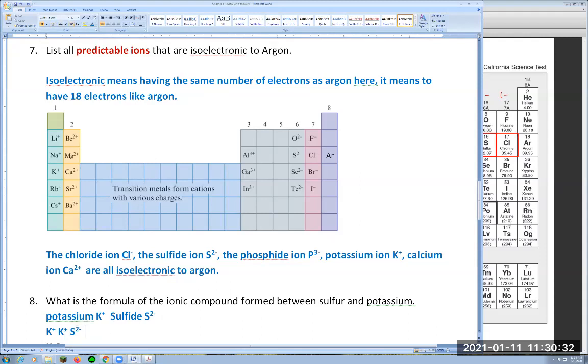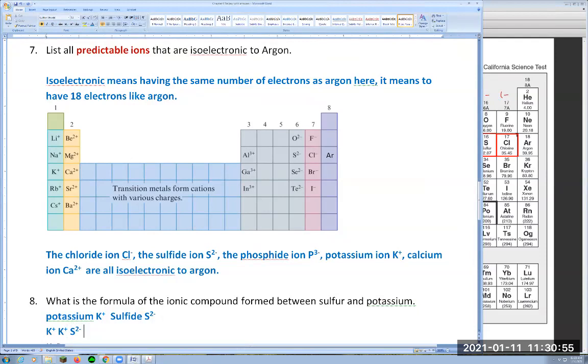Notice how the charges for the ions are written in the upper right corner. So we will need two potassium K plus for one sulfide ion, so that all charges are cancelled. The two positive charges cancel the two negative charges. So that means you will need 2K and 1S.